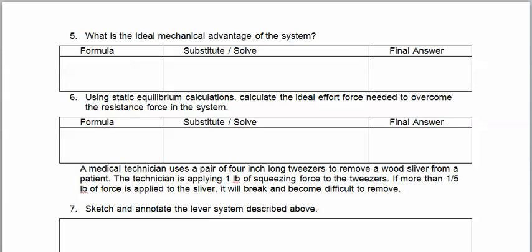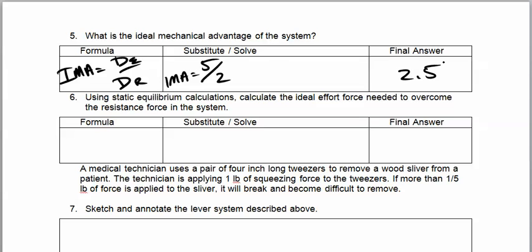On here they ask about ideal mechanical advantage. Ideal mechanical advantage deals with distance, and the effort distance was 5 over 2, which is 2.5.